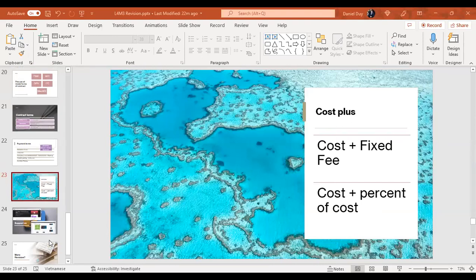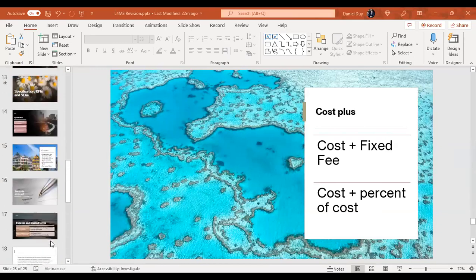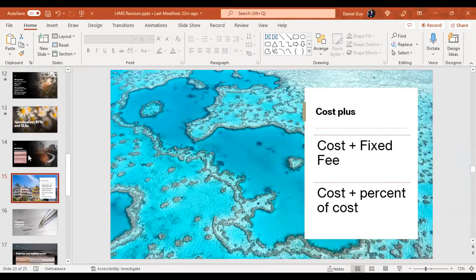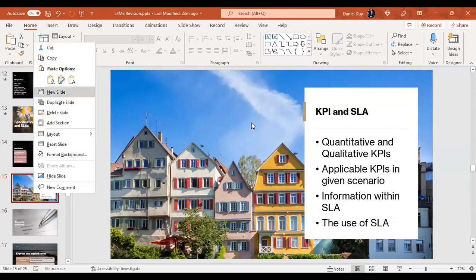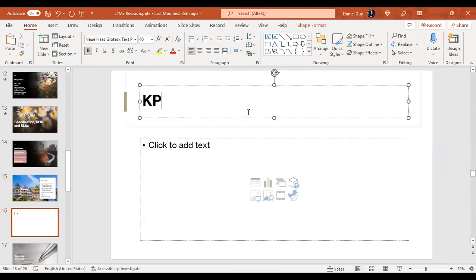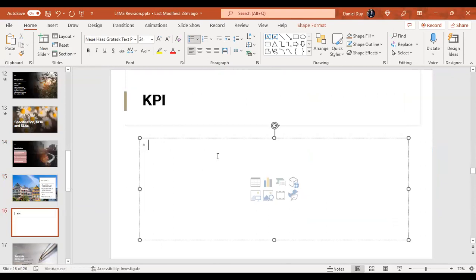Let's explain the difference between the KPIs and the target. Okay, let's come back to this chapter. KPI, as you know, is the key performance indicator. And it is an indicator, and you need to measure.